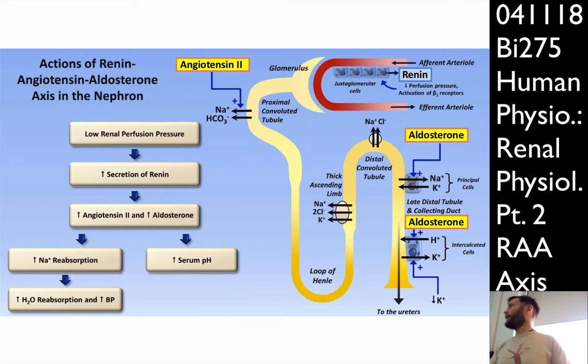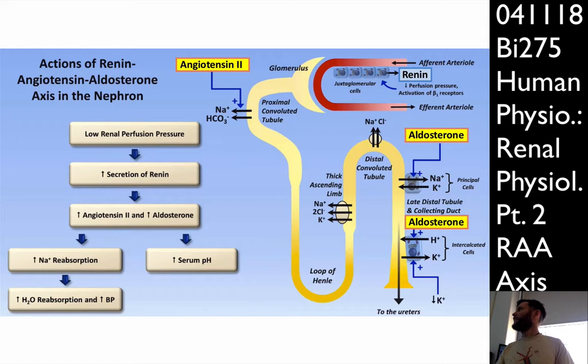So the top bit here is the effect of aldosterone on what are called principal cells. These cells exchange sodium for potassium, so they bring sodium out and potassium into the tubular fluid. Again, net charge neutrality.